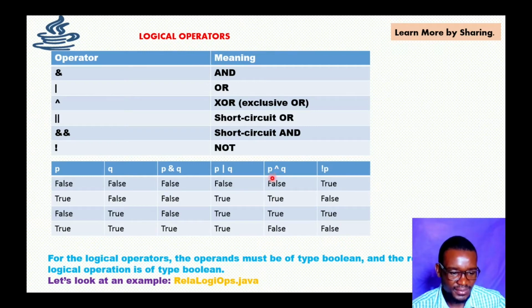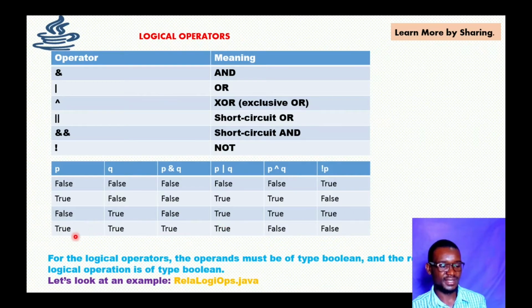When we are just looking at an exclusive or, just one value has to be evaluated to true. So we are told that this is true. Okay, and the same goes for this one, because we have Q, which is true, and then we have true there, and we have these two operands, they are all true, and we have true there.